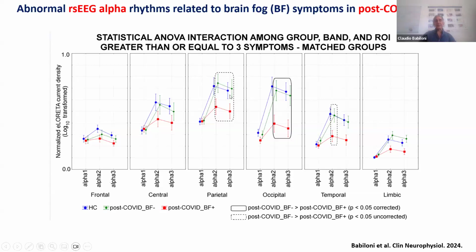And you see that there is a very clear drop of alpha source activity in the post-COVID patients with 3 or more brain fog, mental fog symptoms when compared to healthy subjects unaffected by COVID and the patients with 1 or 2 symptoms of mental fog. So this was another demonstration that patients with this mental fatigue, mental fog, with this disturbance of a level of vigilance consciousness show some abnormal reduction of alpha rhythms.